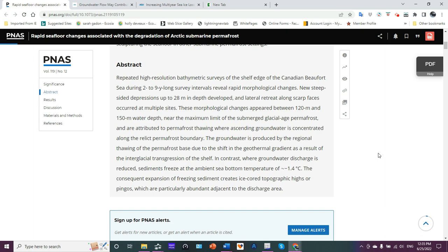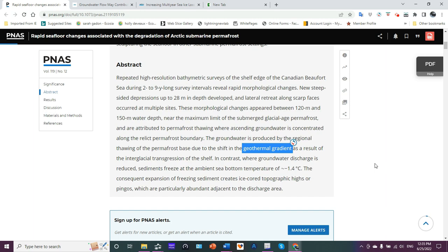The groundwater is produced by the regional thawing of the permafrost base due to the shift in the geothermal gradient as a result of the interglacial transgression of the shelf.